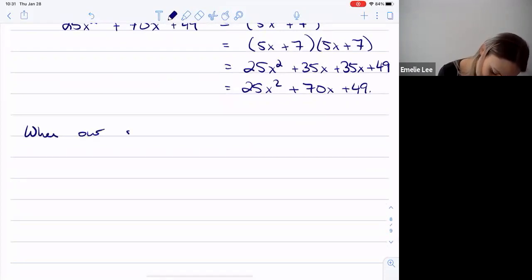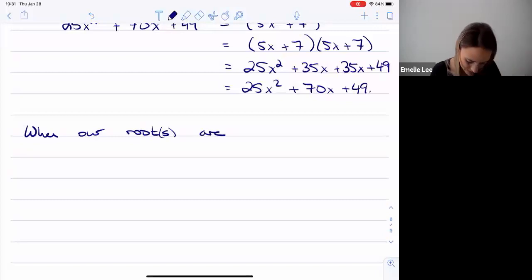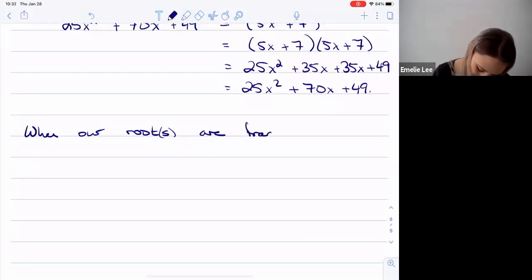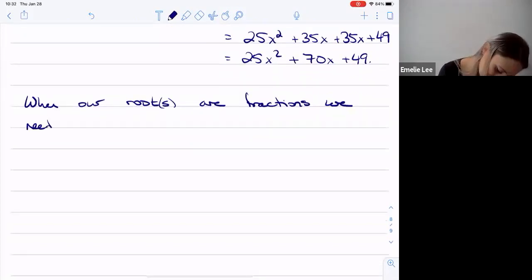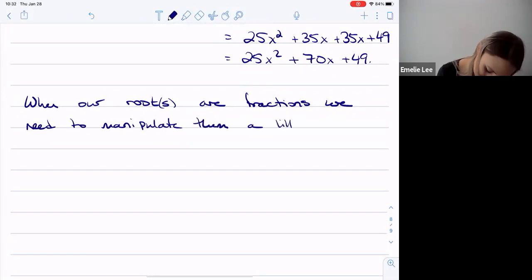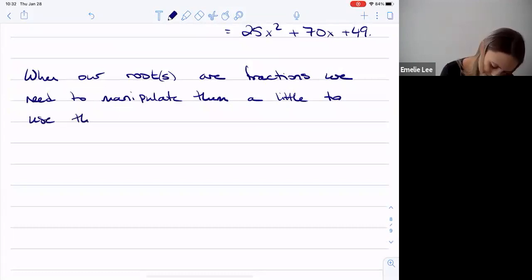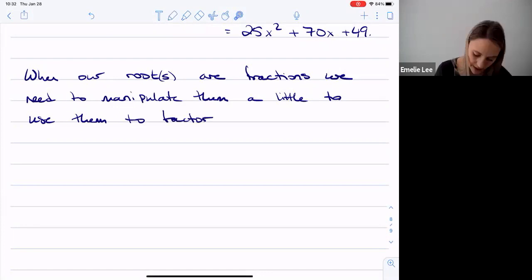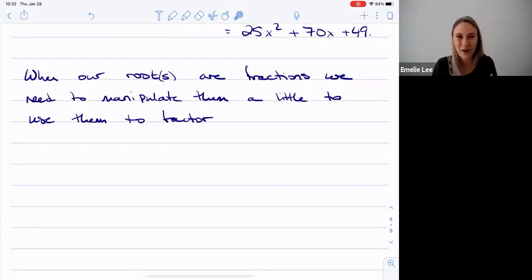So when our roots are fractions, we need to manipulate them a little bit to use them to factor. Now, there's a lot of kind of confusing terminology here: fractions, factoring, but just keep them all separate.